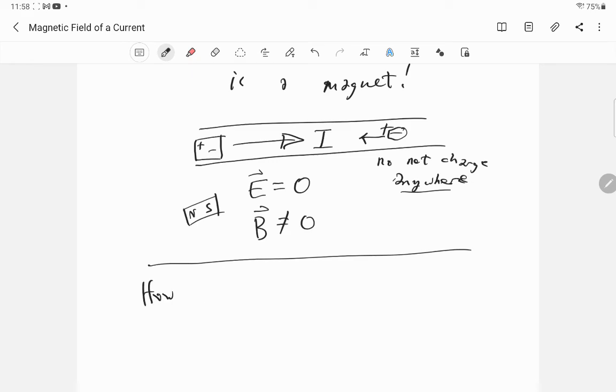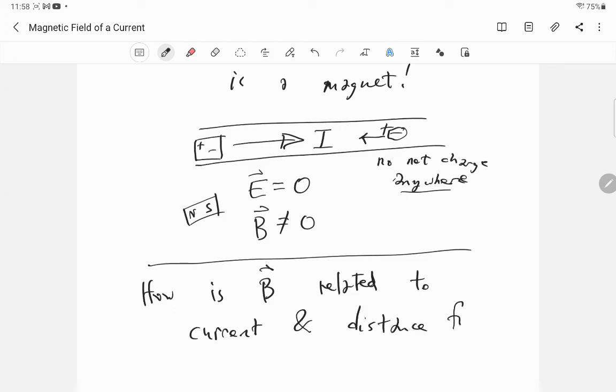So now what I'm going to do in the next video is describe how the magnetic field is related to the current and distance from a wire.